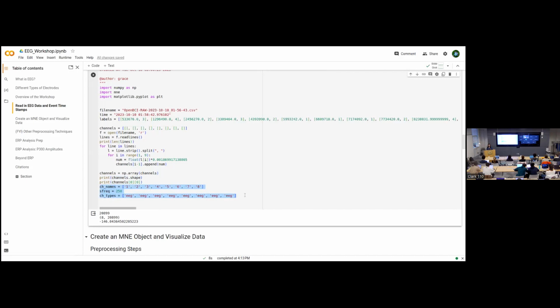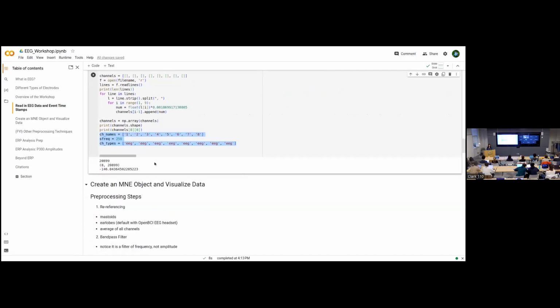Here you can see it's printing out values of what it's reading. This (8, 20899) tells us the structure of the data set. We have 8 channels, and inside each of those 8 channels, we have 20,899 recordings. That goes back to my question.